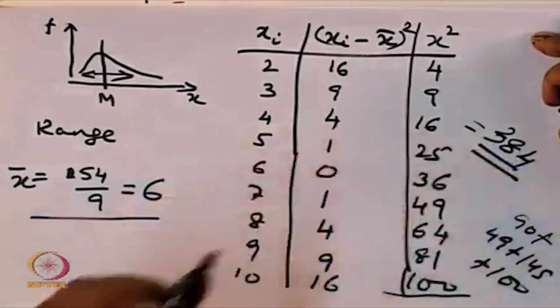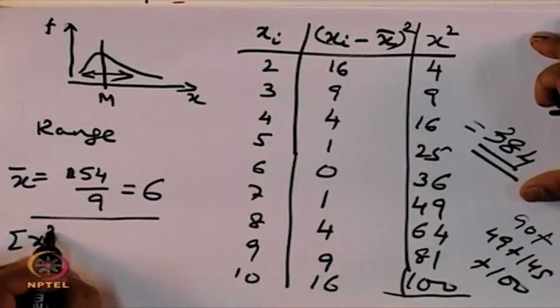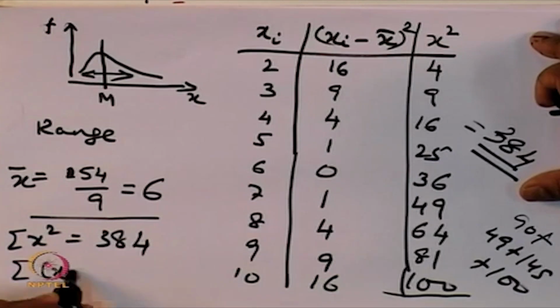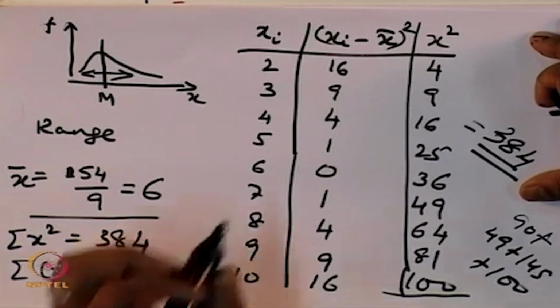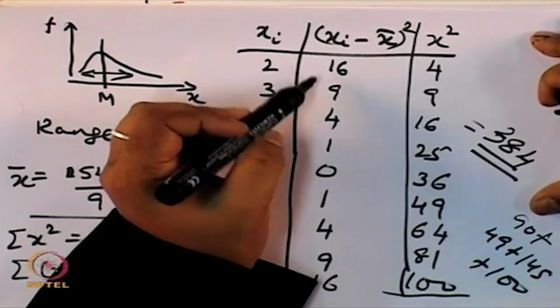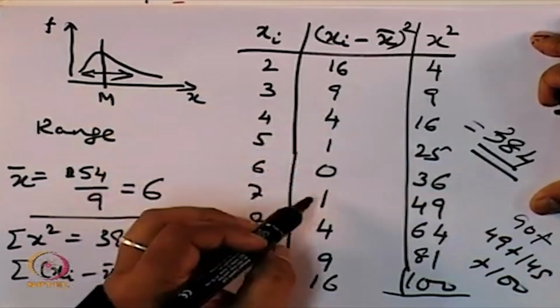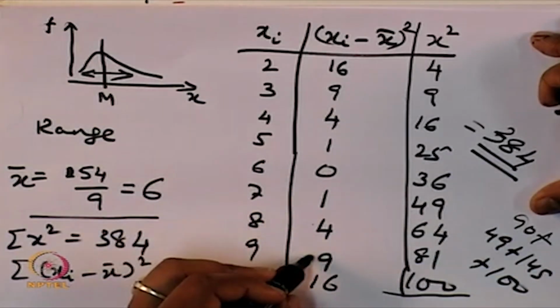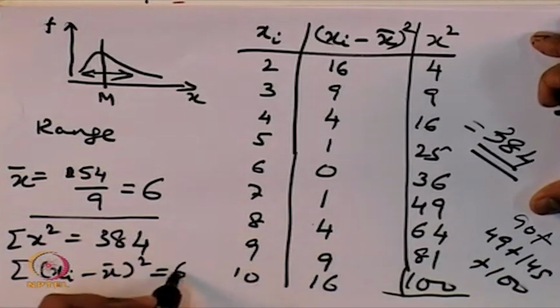So, summation x square is 384, and summation xi minus x bar whole square is 25 plus 4 is 29, 30, 31, plus 9 is 40, 44, 60.